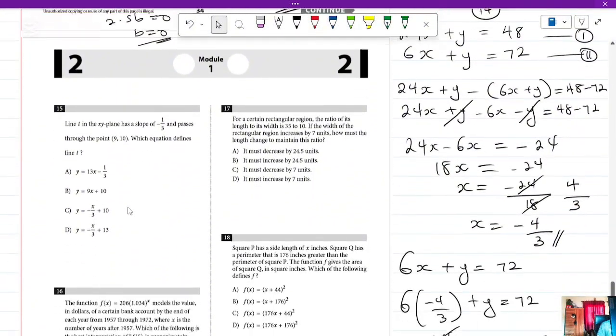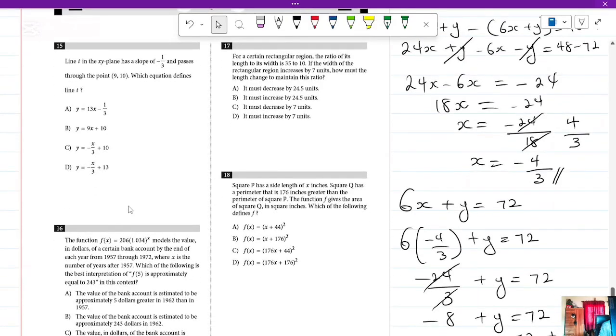Alright, now let's look at number 15. Line T in the xy plane has a slope of minus 1 over 3 and passes through this point. Which equation defines line T? For us to do that, we are given the gradient already, the slope is minus 1 over 3. So we are going to be using the simple formula y minus y1 equal to m in bracket of x minus x1. Your y1 is 10, your x1 is 9.